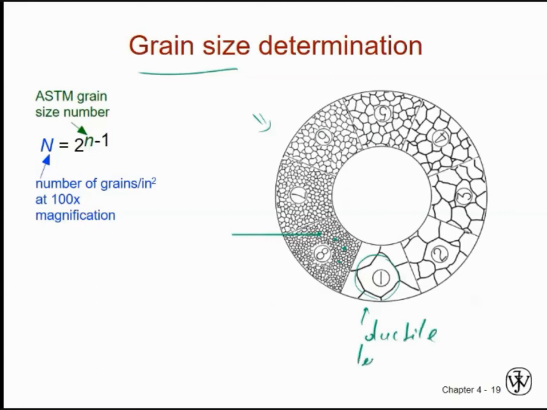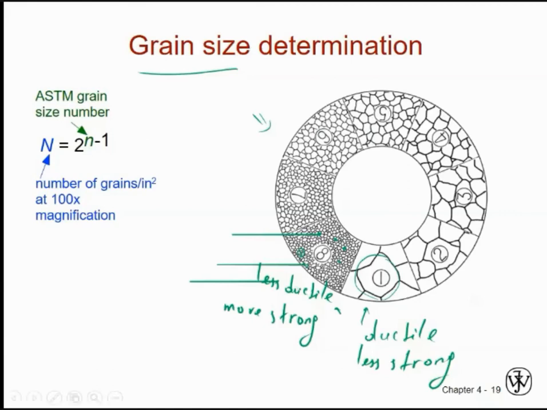It will be less strong compared with this one over here. This kind of grain will be less ductile and more strong. And by manipulating grain size, we can change material properties.